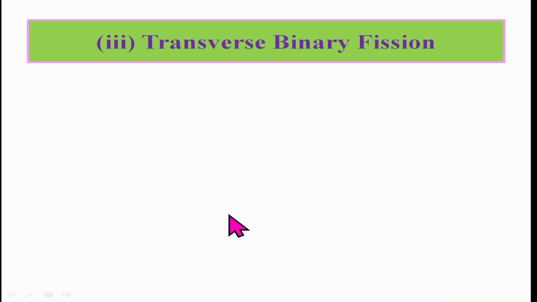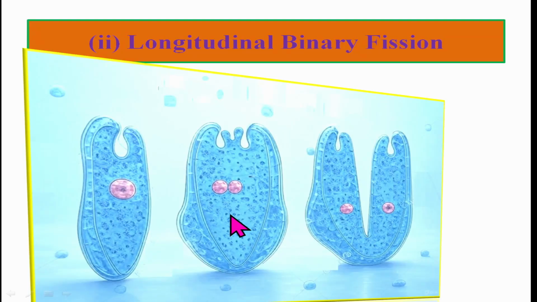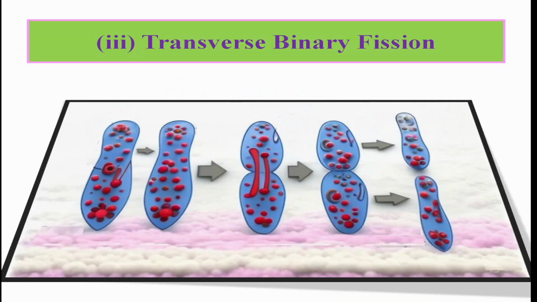Then longitudinally the euglena will divide. One euglena will receive one nucleus each, and then two daughter euglenas will be formed.